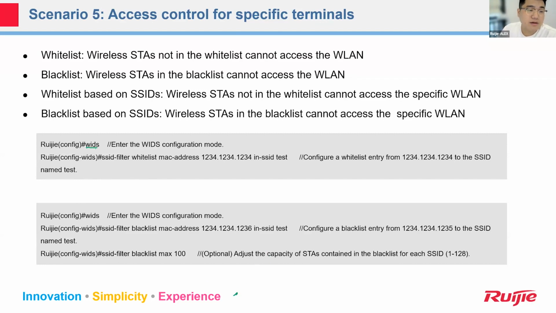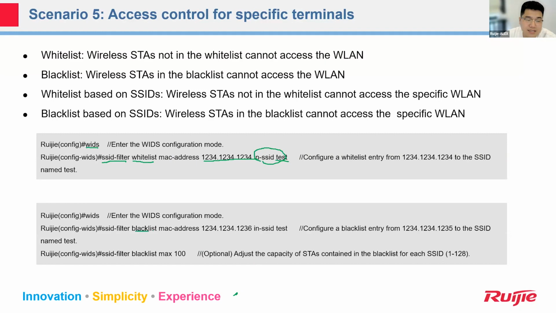We should enter the WIDS configuration, and this is the configuration of the whitelist based on SSIDs. SSID filter, whitelist, MAC address. The MAC address is the MAC address of the STA you want to add to the whitelist, and then the SSID you want to use it in, here the SSID test.